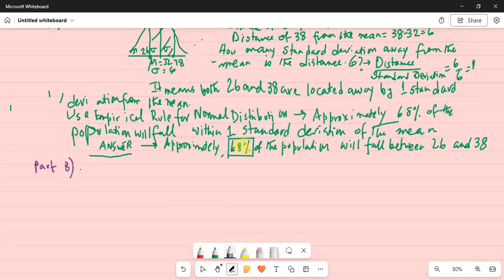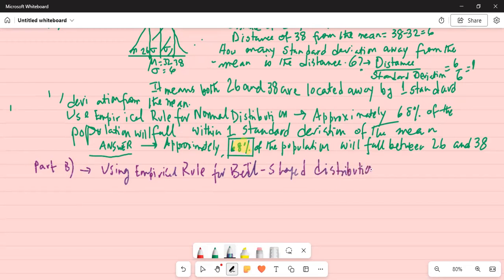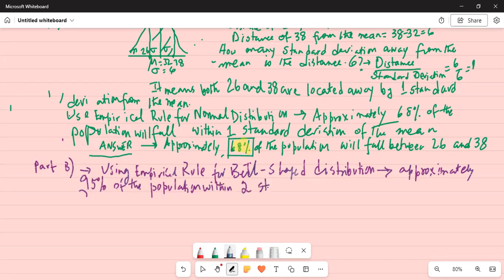Using the empirical rule for bell-shaped distribution, approximately 95% of the population will fall within two standard deviations of the mean.